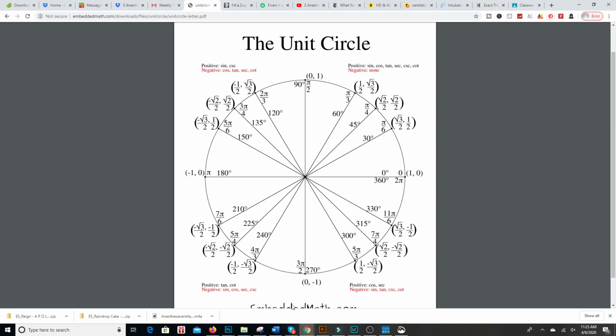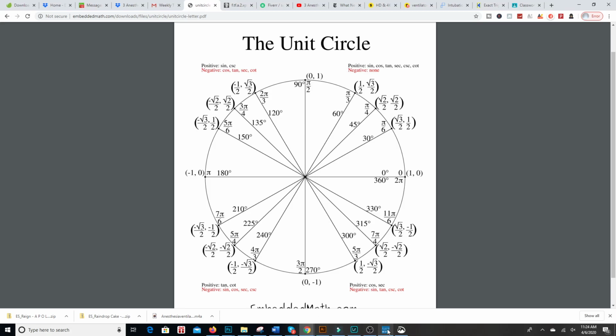If we're looking at that one, it's 7 pi over 4. We're looking at 315 degrees. Or if 360 was 0, to get to 315 degrees, that would be negative 45 degrees.